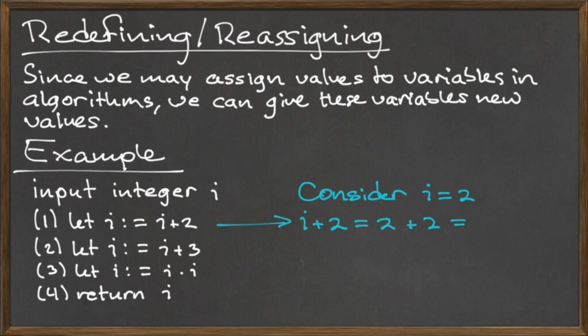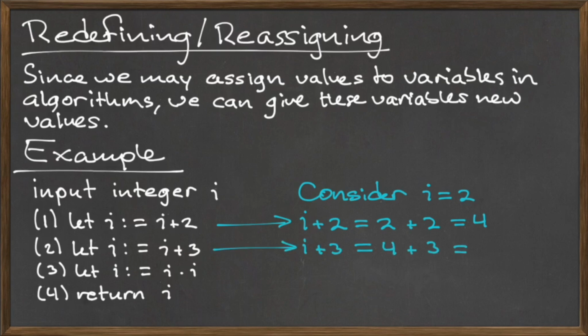In the first step of our algorithm, we redefine the variable I by assigning it the value I plus 2. The I on the right side of the let equals assignment symbol represents the current value of I, which is 2. So, after step 1, the variable I has been redefined to take on the value 2 plus 2, which is 4.